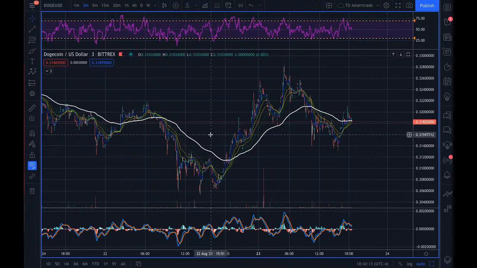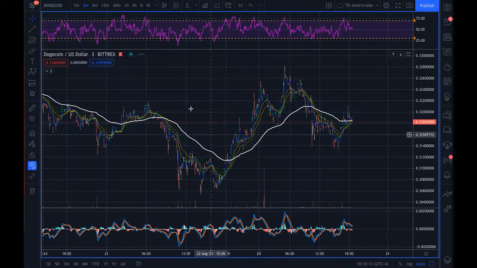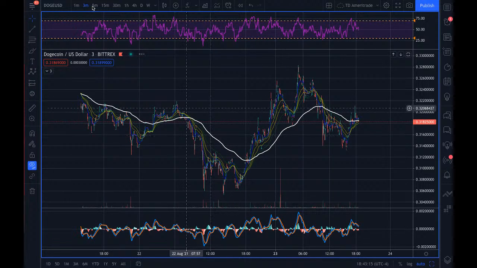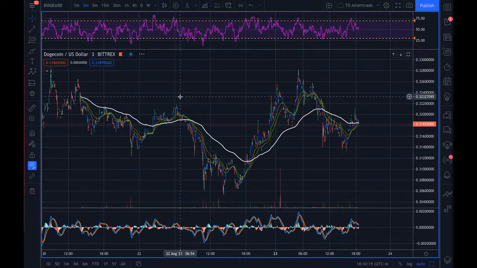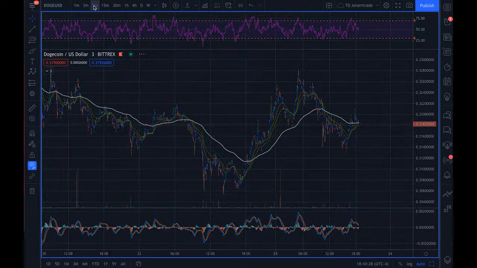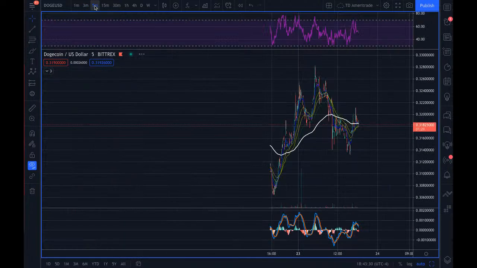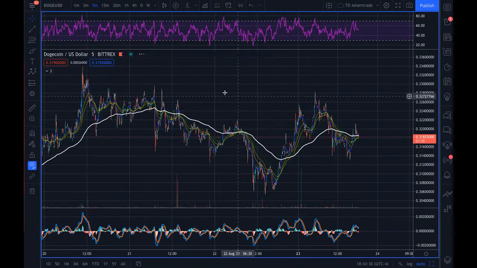And what we're doing with the Doge is trying to count the waves so that we can figure out exactly what's going to happen next. Now, like I keep saying, these are 3 waves repeating. So I'm expecting another 3-wave pattern right now, and we're in the middle of it.